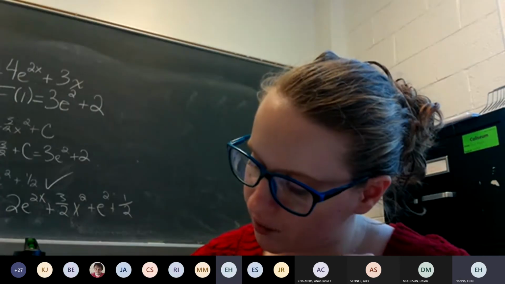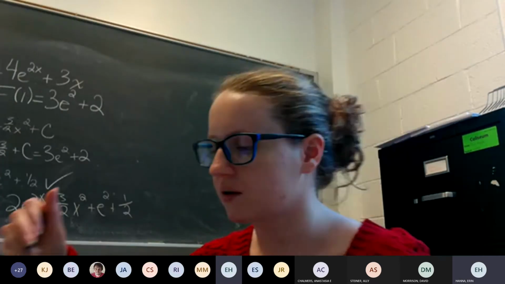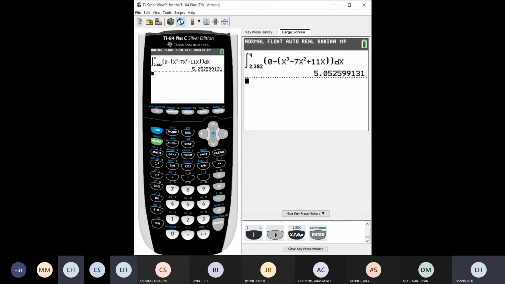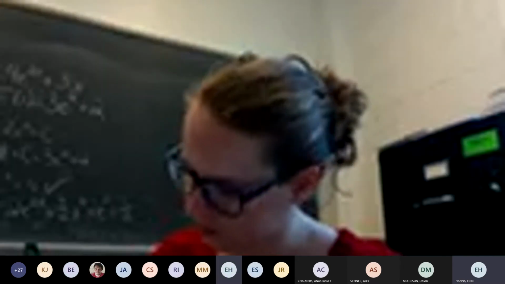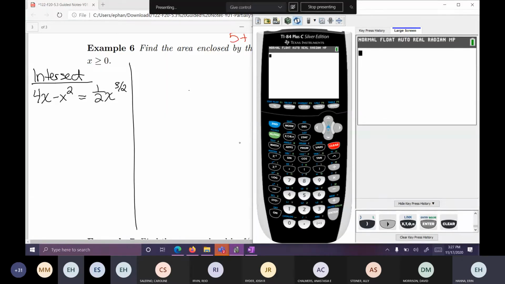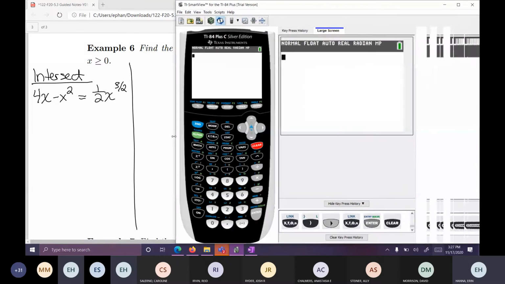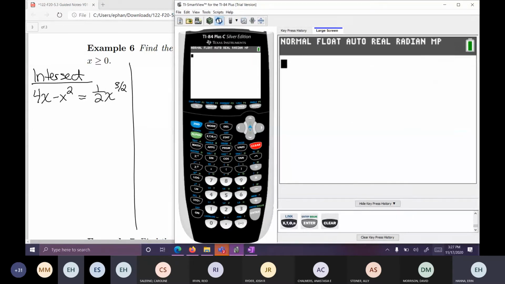So we're going to call upon our trusty dusty calculator. Let me share my screen like this so that I can still get the stuff in there. If you want to do this by your calculator, you're going to hit the y equals key.